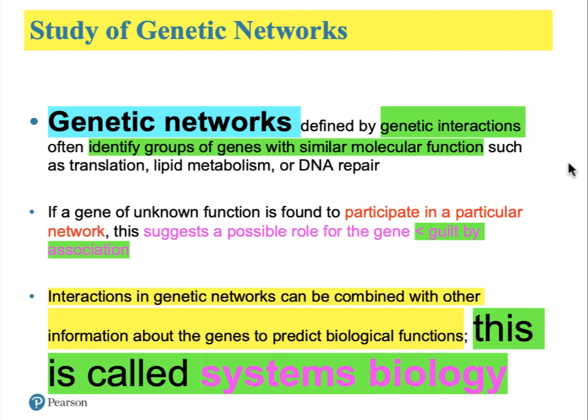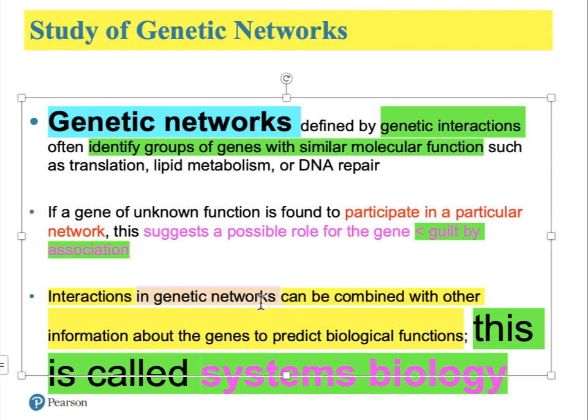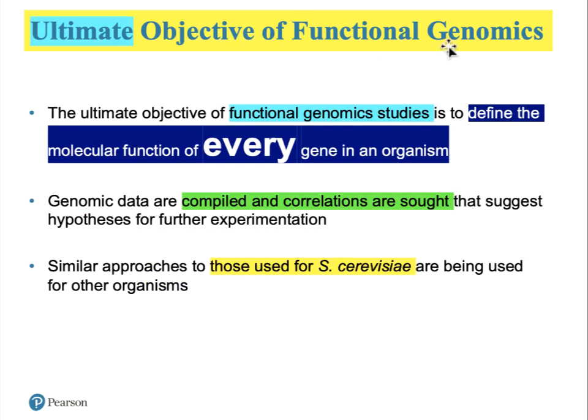When one studies genetic interactions in genetic networks, then one is basically studying systems biology, whose primary goal is to predict biological functions. The ultimate goal for functional genomics is to find the role of every single gene in every single circumstance in an organism. And we're far from that goal at this time for many creatures.